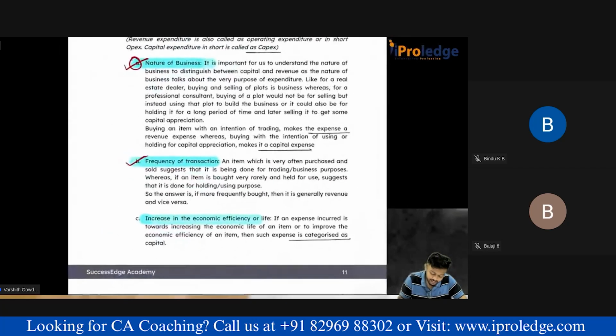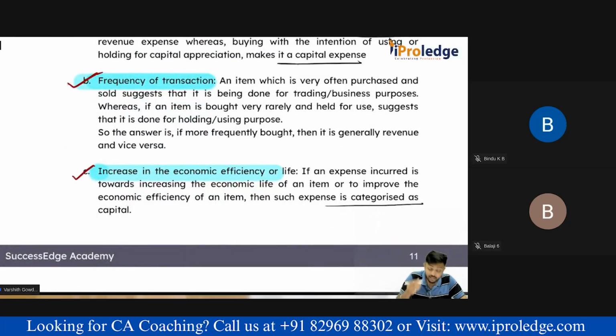Then frequency done. Third one, increase in economic efficiency. This you should generally use in the case of subsequent expenditure. I'll tell you what it is.